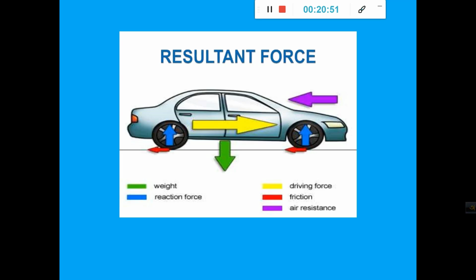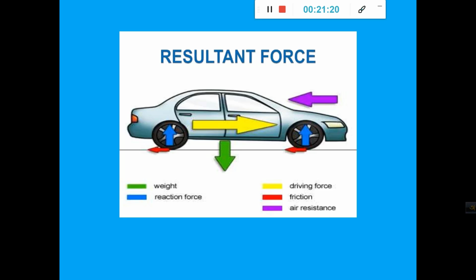Resultant force. Look at the diagram here. Total overall acting force. There are several forces acting on the car here. The yellow colored driving force acts in the right direction, that means the engine gives the driving force.